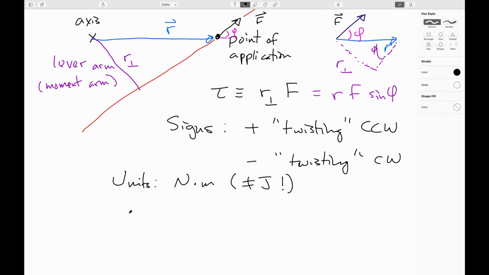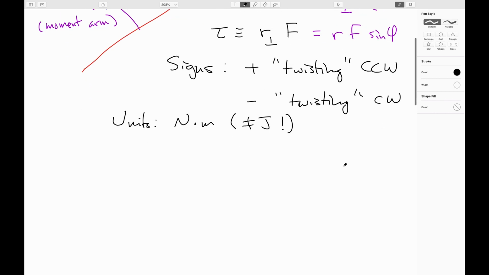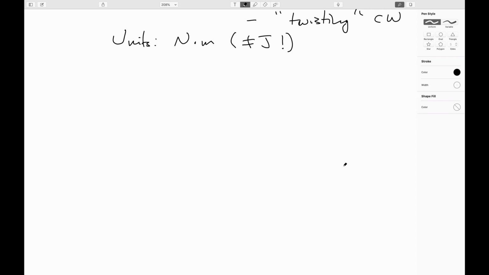Now, another way that we could write torque is we could say, well, wait, I don't have to multiply r by sine phi. I could have just as easily multiplied that by F, right? Because multiplication commutes. So how could we interpret that? It's probably easiest to think about if you're turning a wrench trying to break a bolt or something like that. So let me try to draw a bolt.